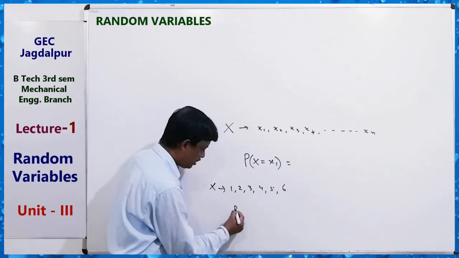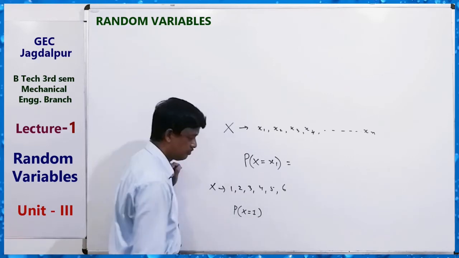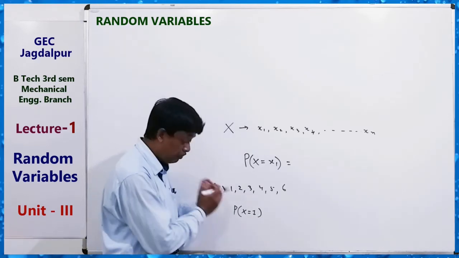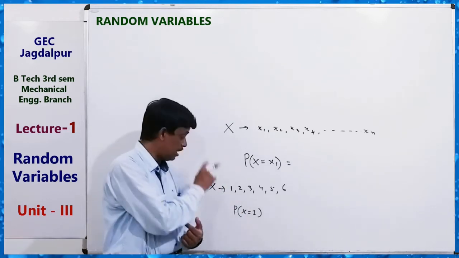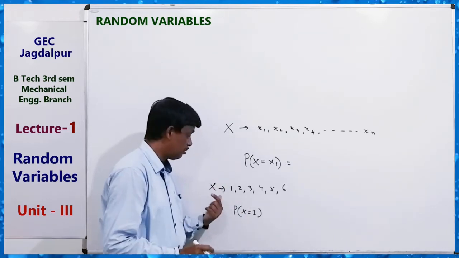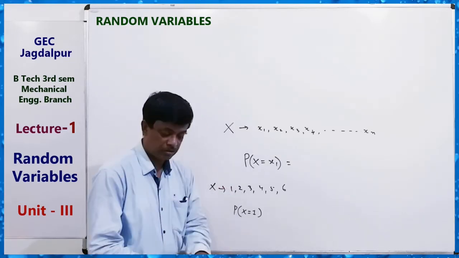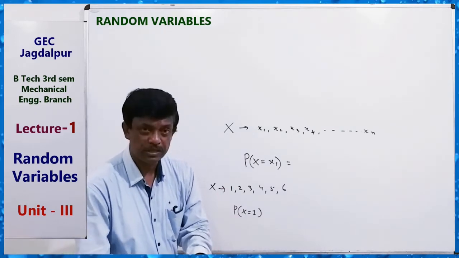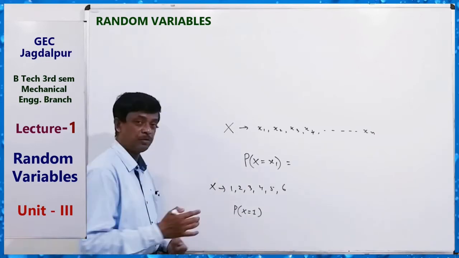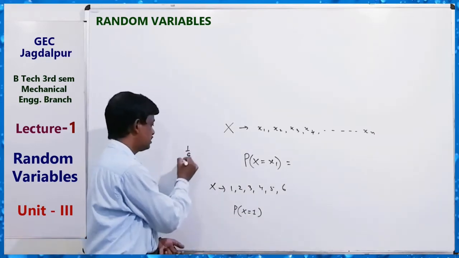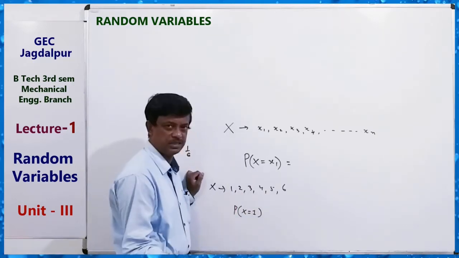So now the probability of x equals 1, the probability of the random variable taking value 1, and 1 means showing 1 on the top face of the die, is 1 by 6. Similarly showing 2, 1 by 6, 3, 1 by 6, 4, 1 by 6.